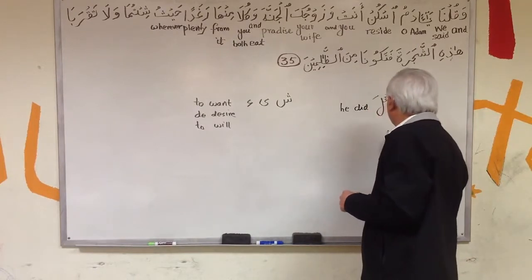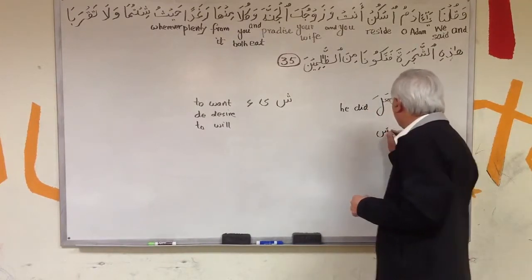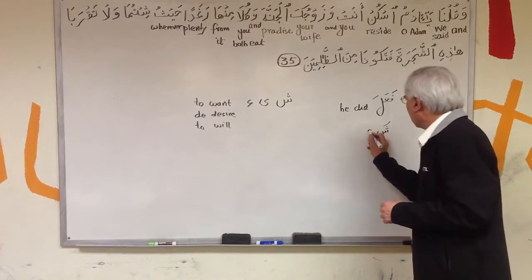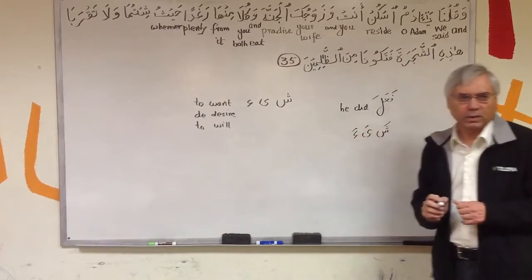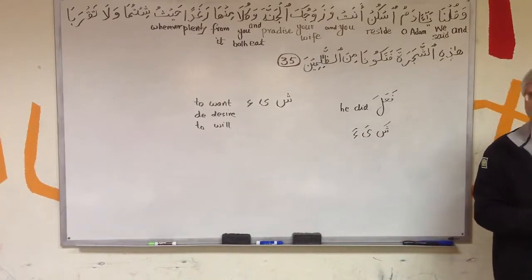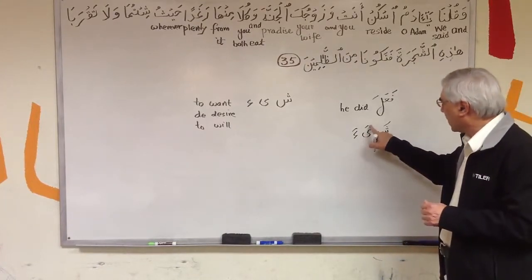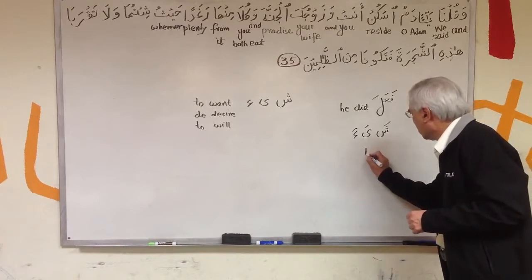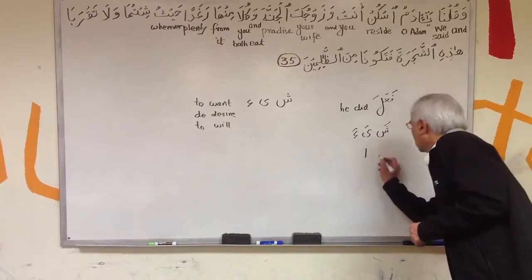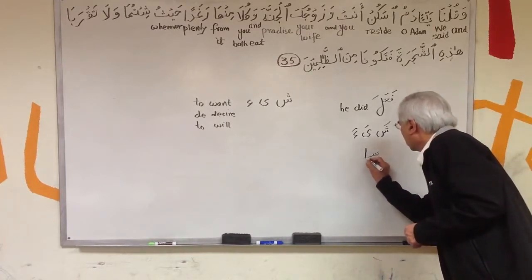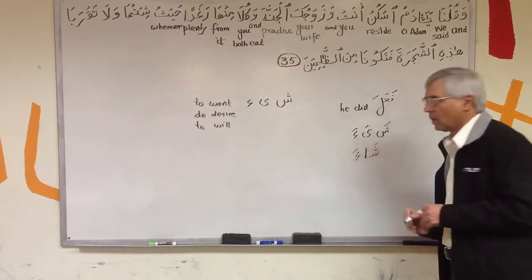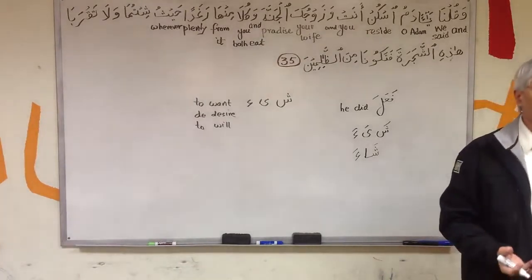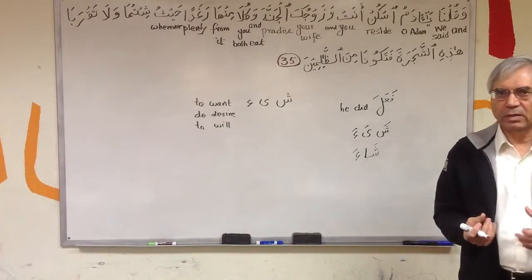If I do the same thing, it will become sheen with a fatha, ya with a fatha, hamza with a fatha, right? This ya with a fatha, being a weak letter, changes into alif. So this becomes sha. Okay, we say insha Allah. If Allah wanted.